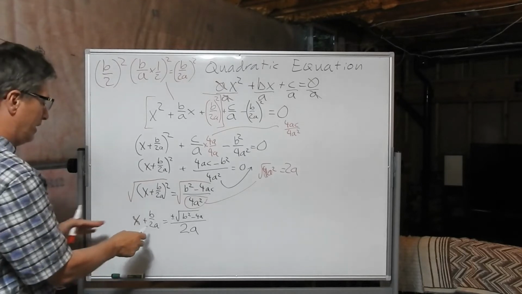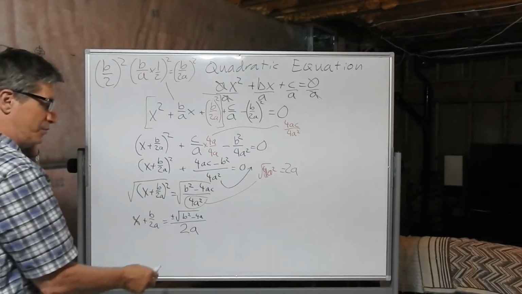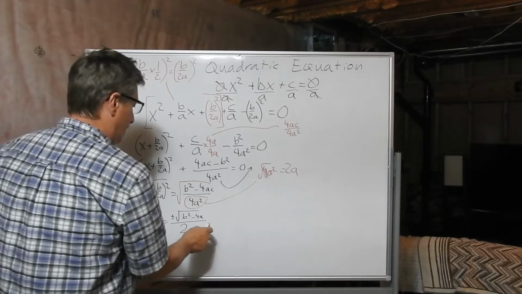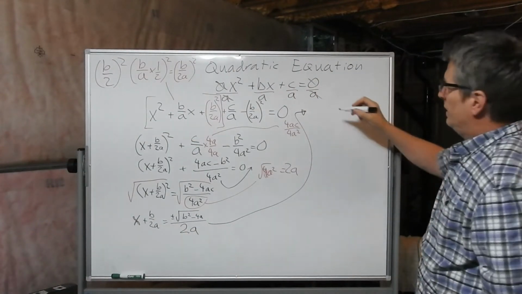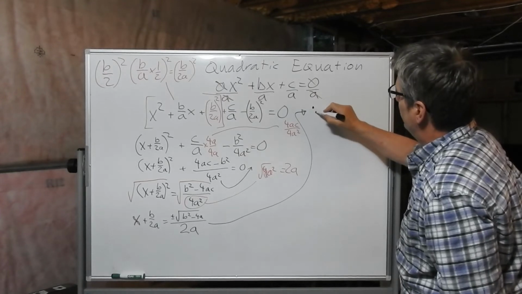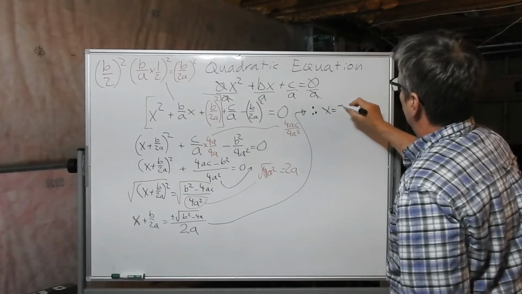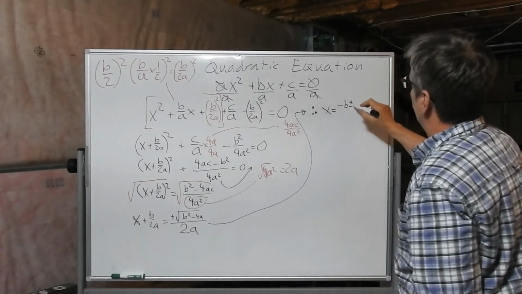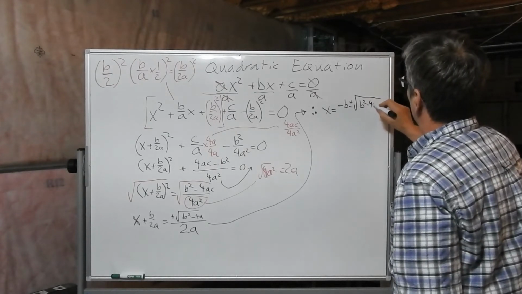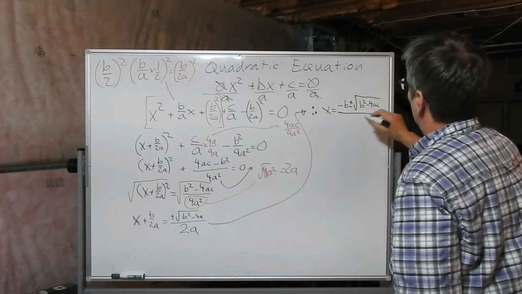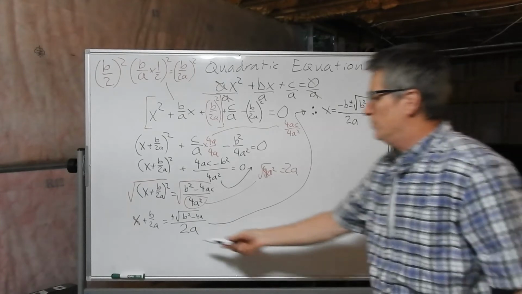And now all we have to do is move the b over 2a to the other side. We simply subtract it. So here's the big final equation: x equals negative b plus or minus the square root of b squared minus 4ac, all over 2a, because they're the same denominator, 2a.